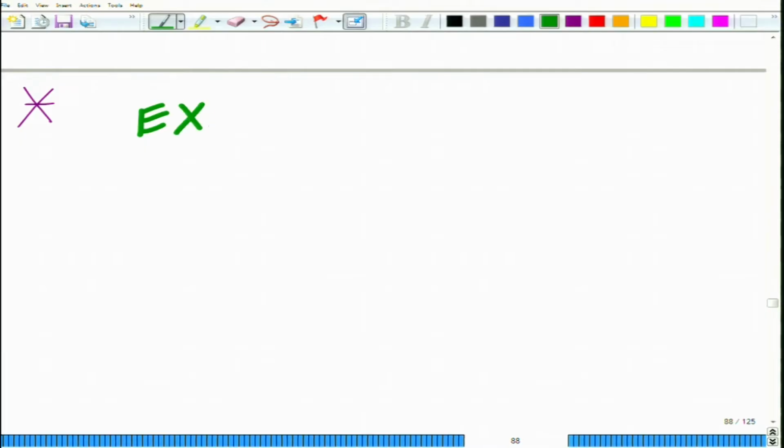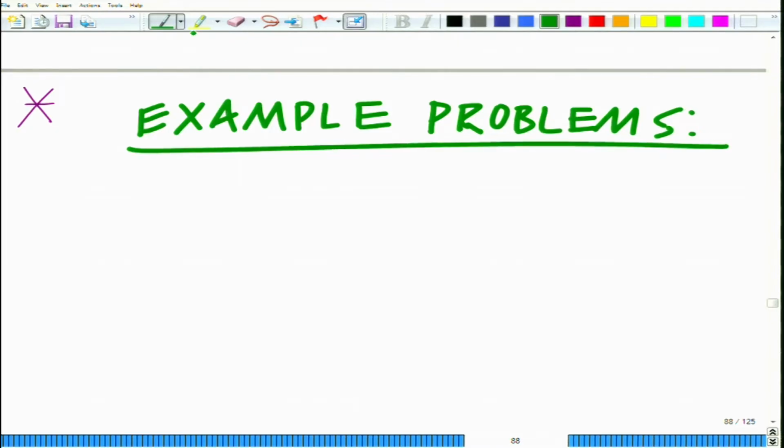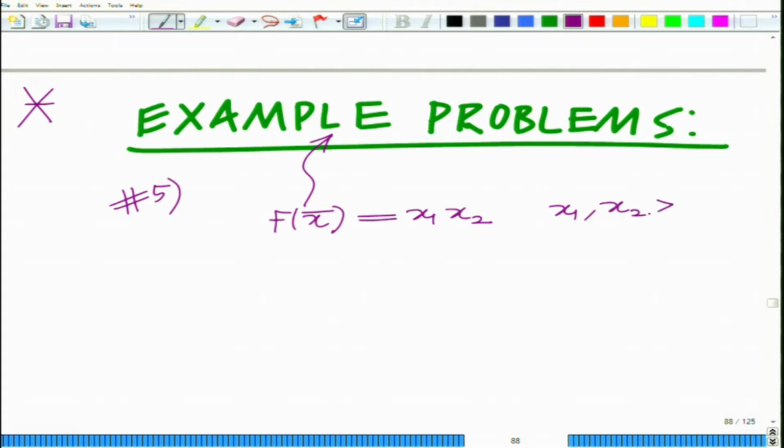So, we are looking at example problems in convex functions, and let us look at problem number 5. f of x bar equals x1 x2 for the region where both x1 and x2 are greater than or equal to 0.